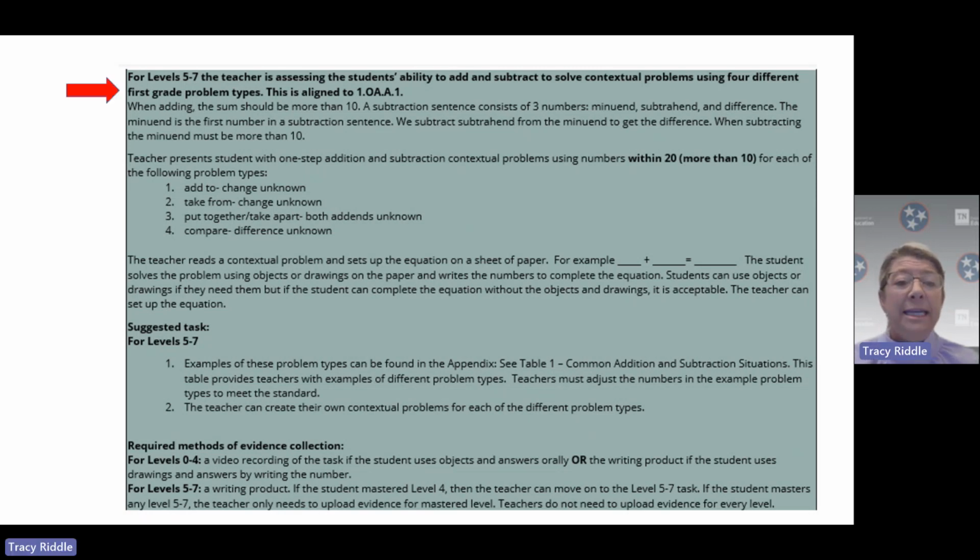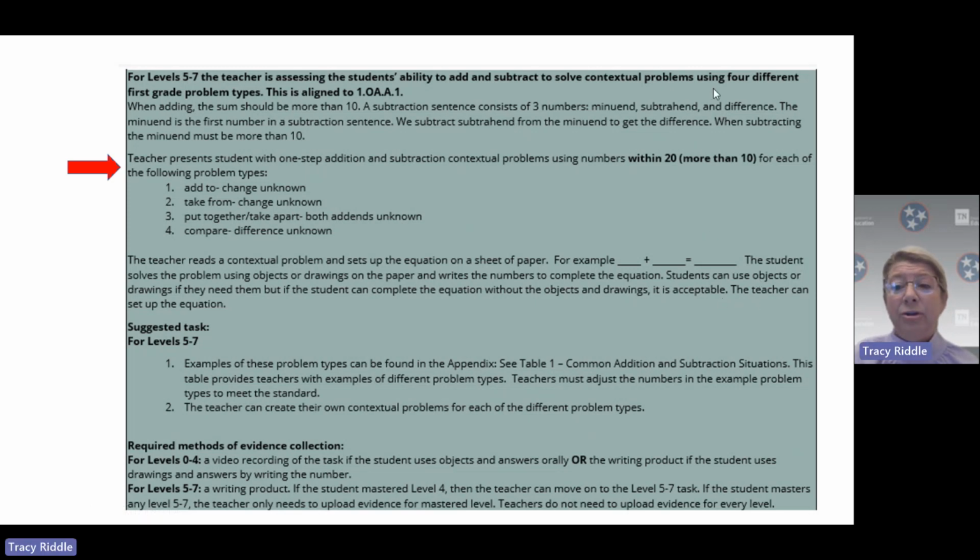The teacher will present the student with one-step addition and subtraction problems using numbers within 20 but more than 10 for the following first grade problem types: add to, change unknown; take from, change unknown; put together, take apart, both addends unknown; and compare, difference unknown.